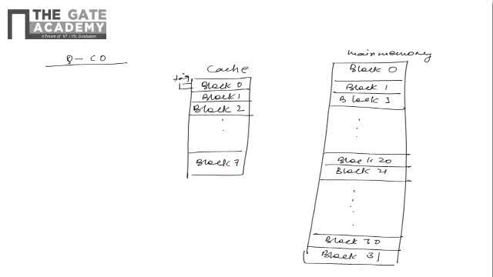Now in direct mapping this is the scenario, and if it is set associative, four-way set associative means 4 blocks in one set. There are 8 blocks, so total 2 sets, set 0 and set 1. In set 0, blocks 0, 1, 2, 3 will come, and in set 1, blocks 4, 5, 6, 7 will come.